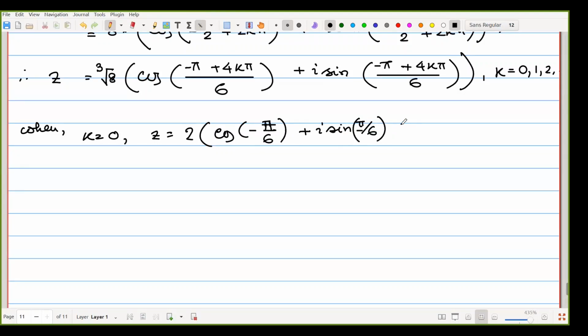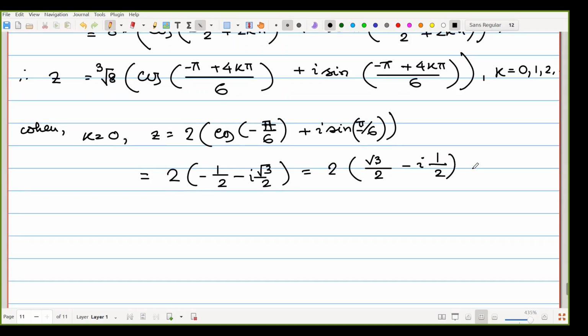Okay. So here that one is becoming 2 of (root 3 by 2 minus i of 1 by 2), or that is root 3 minus i. That is when k is equal to 0.